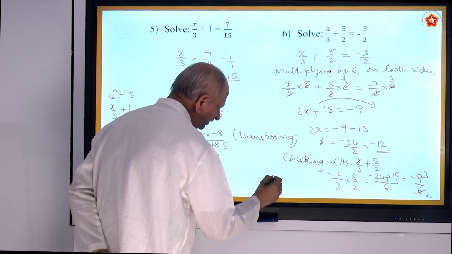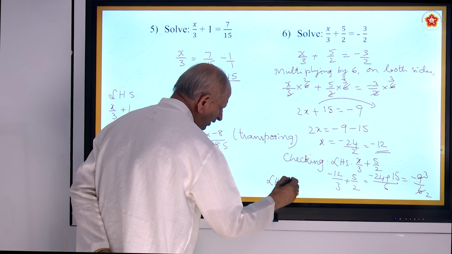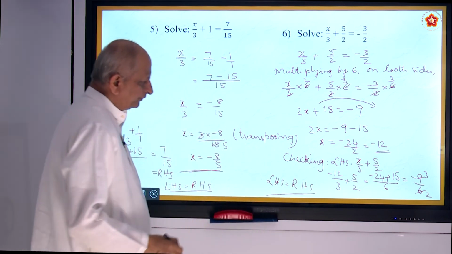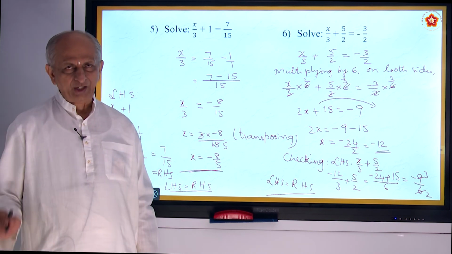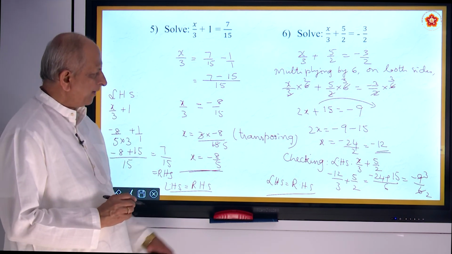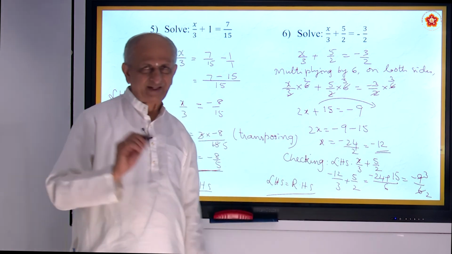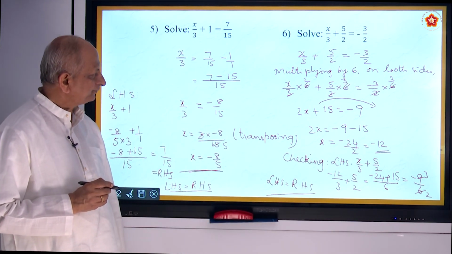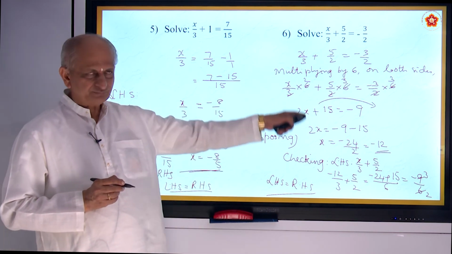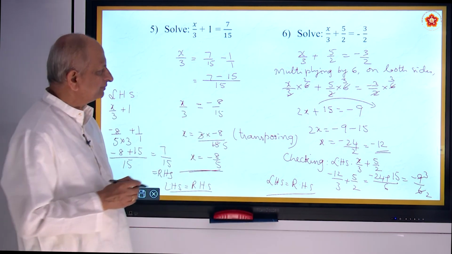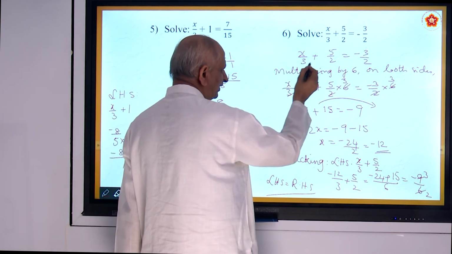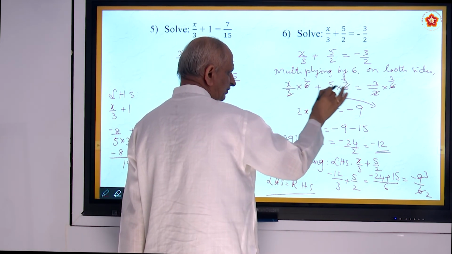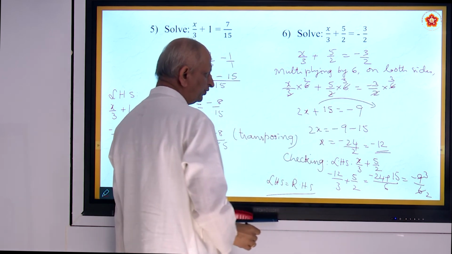So left hand side is equal to right hand side, and therefore the value of x equal to minus 12 is correct. Okay, note it down. So what you have done here: you have taken LCM of 3 and 2, multiplied by that 6 on the left hand side and right hand side also.